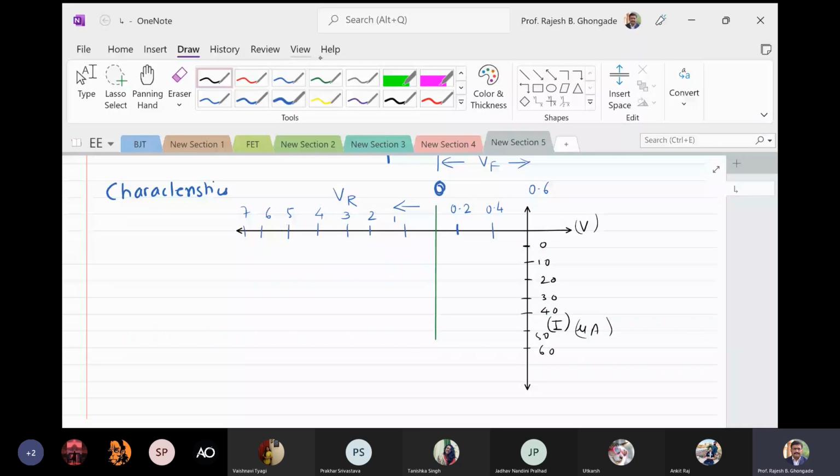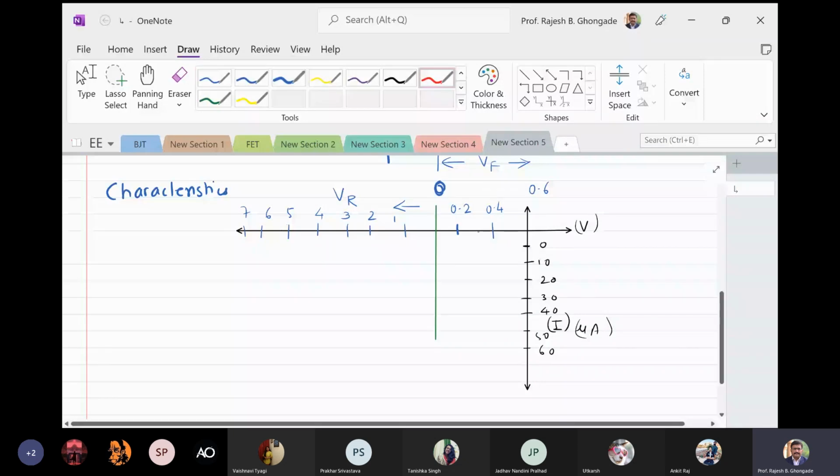All right. If I try to draw the curves, I get something like this. So this is for a particular value of illumination H as, let us say, 5 milliwatts per centimeter square.